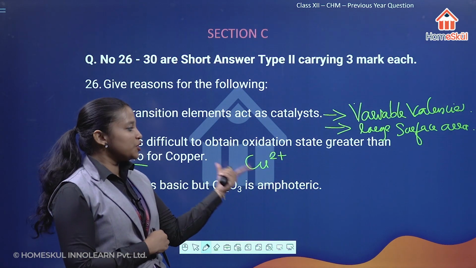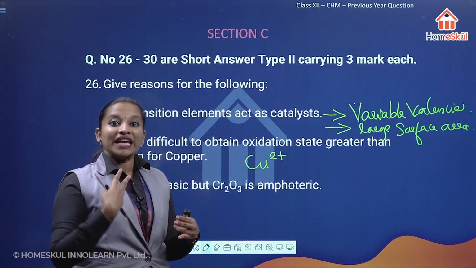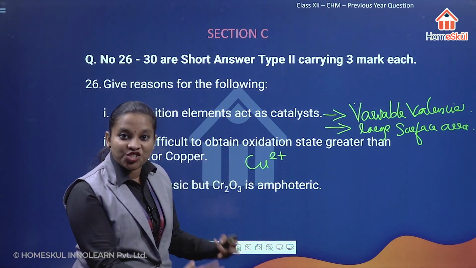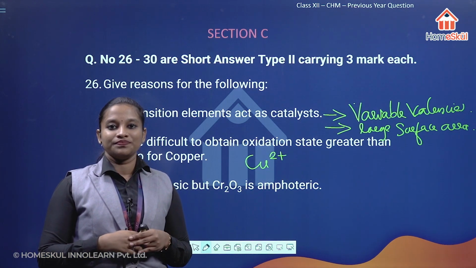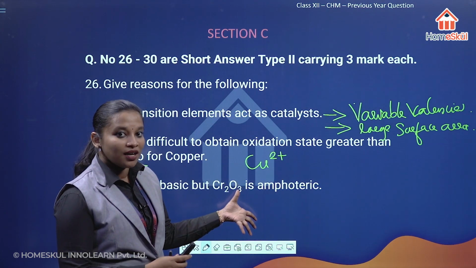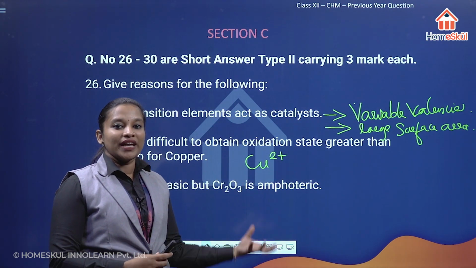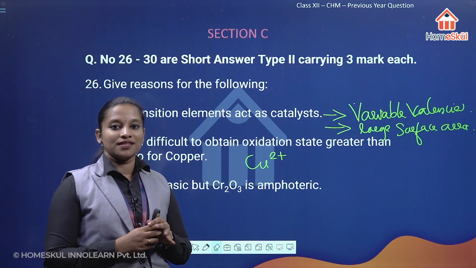In other words, a higher amount of third ionization energy is needed for the removal of a third electron. The third ionization enthalpy for copper is greater. That is why it does not allow the oxidation state to exceed 2+.